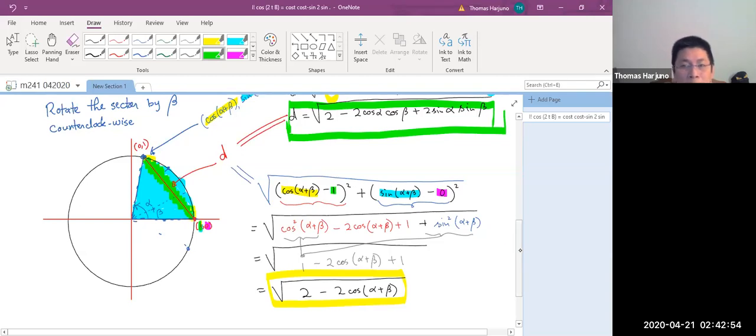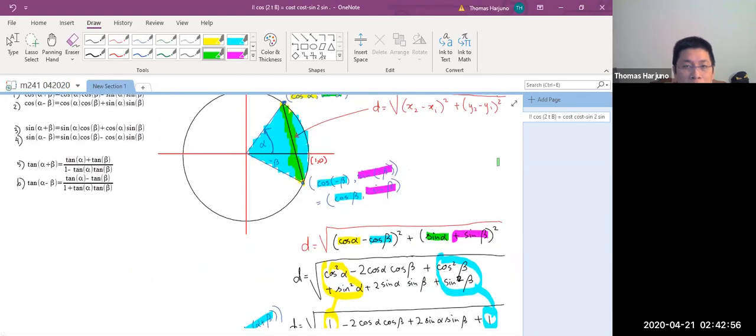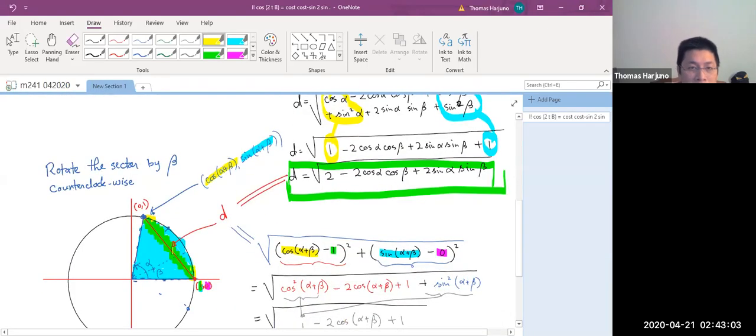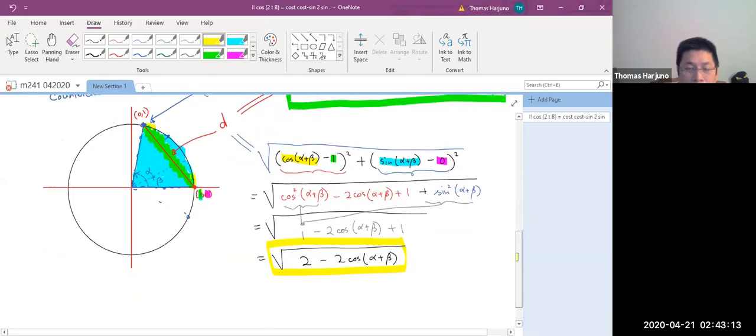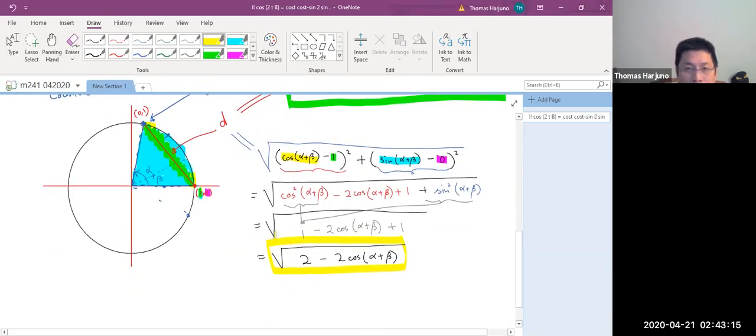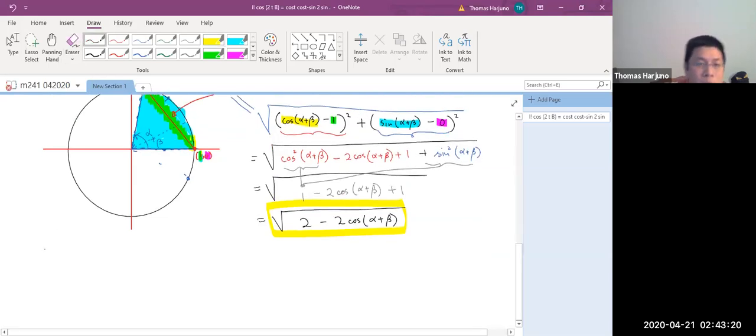Okay, because we know that this line segment here, if you rotate the sector, we get that line segment, right? The sector looks like that. Okay, they're supposed to be the same length. So the green box that we have up here should be the same as the yellow box. Okay, now let me write it down. So D equals the green box first.